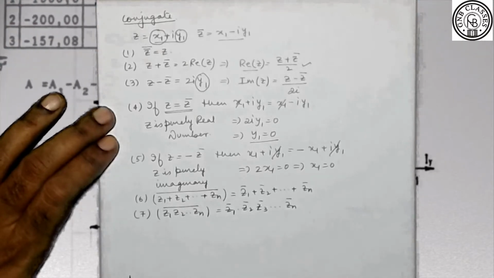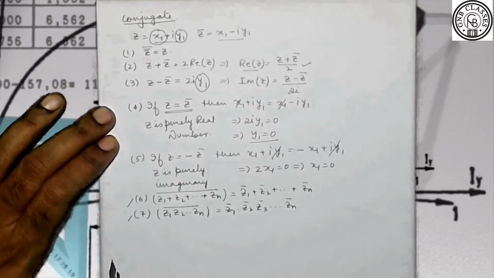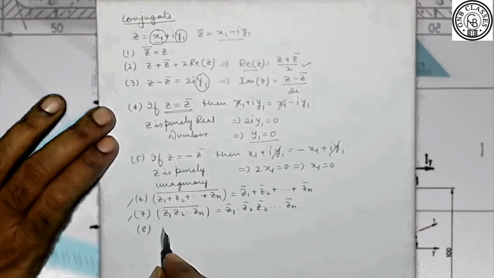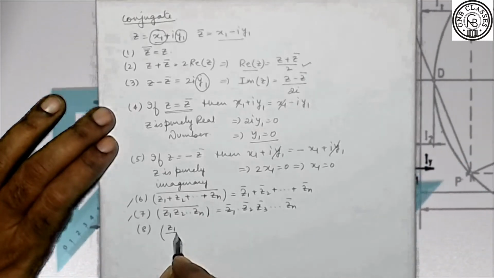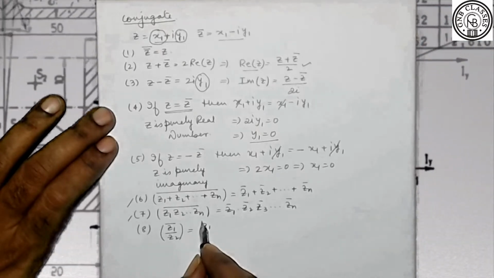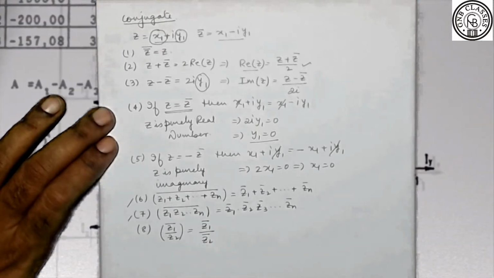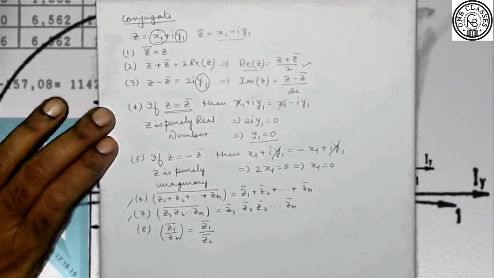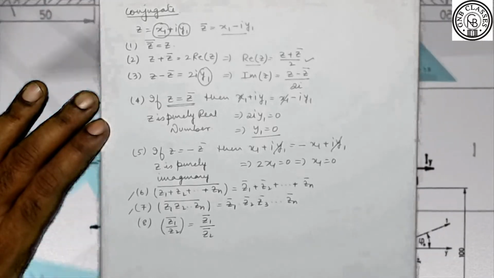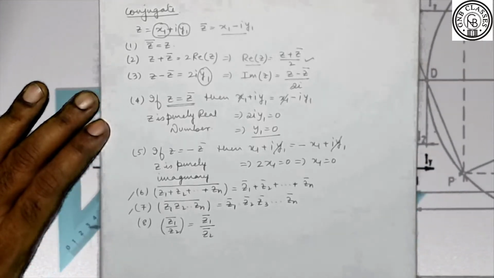Both are true for addition as well as for multiplication. Number 8, which is again very important. The conjugate of z1 by z2 is the same as z1 bar by z2 bar. Is it clear? So we can write it in this way also. So these are the basic properties of modulus, argument and conjugate of any complex number.